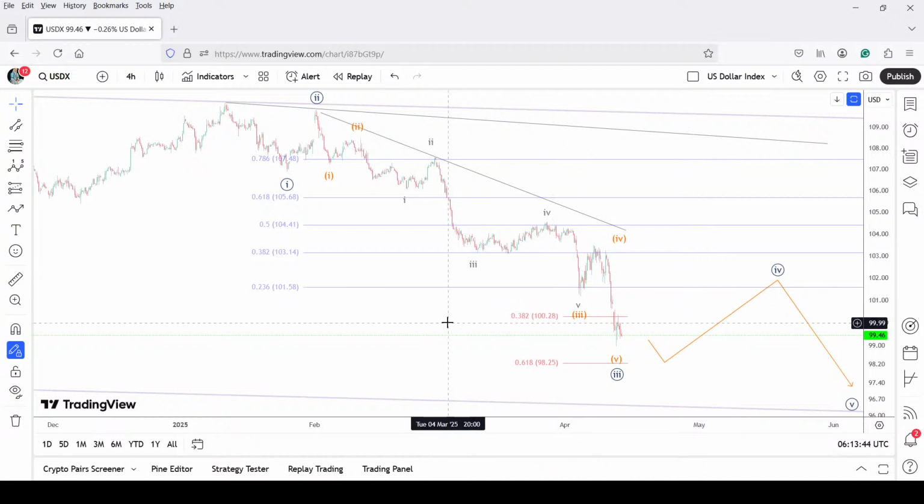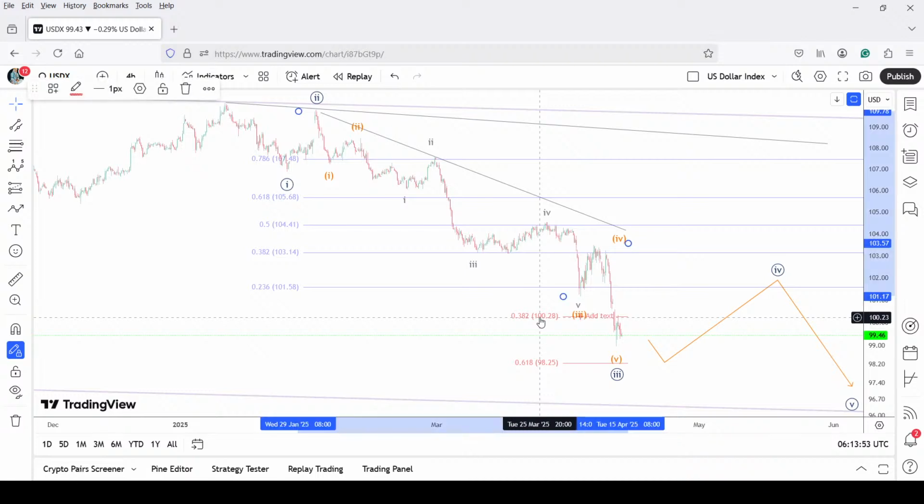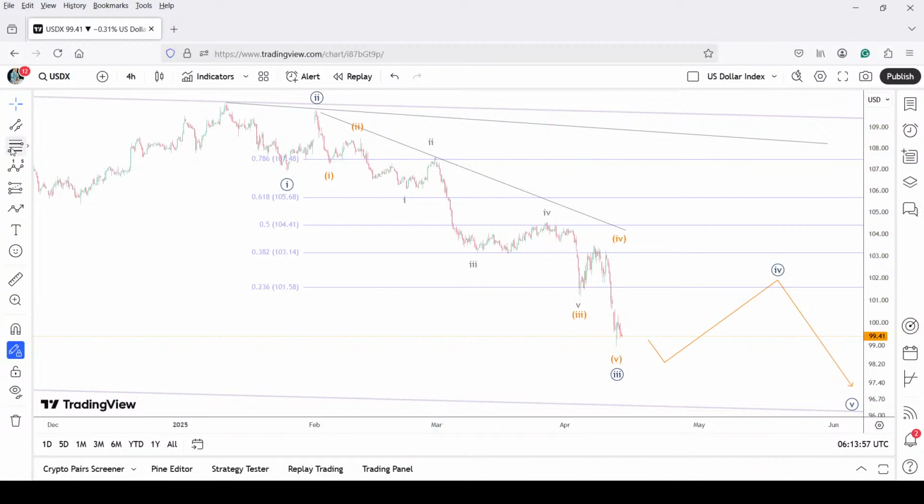And wave structure point of view, minute wave 4 is in the making. And if we do a rough calculation, let's remove this wave 3 and expecting that wave 3 is already complete.